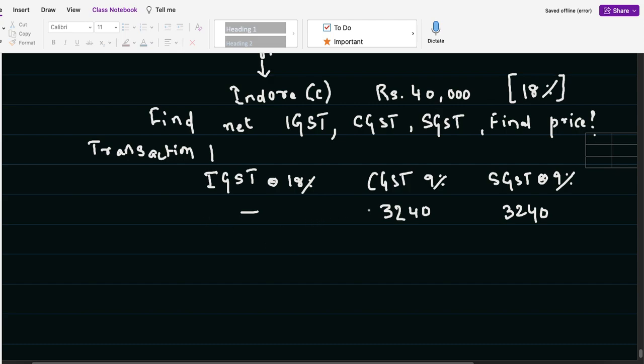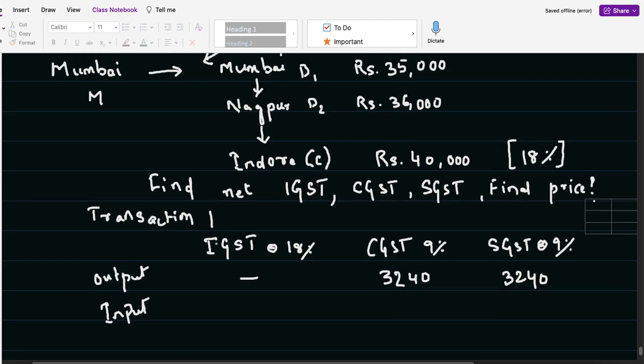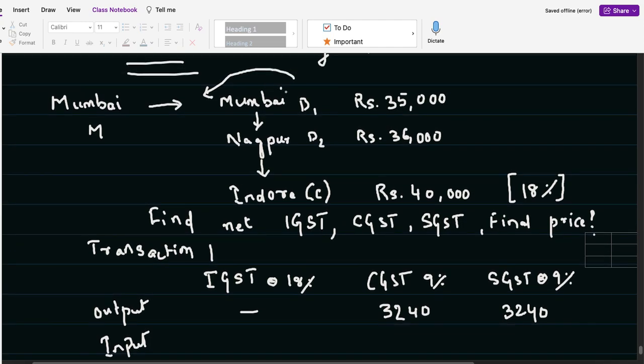However, this was the output GST, meaning what dealer 1 has paid. What is the input GST? What he has got? Sorry, I got confused. Input GST is what D1 has paid to the manufacturer.